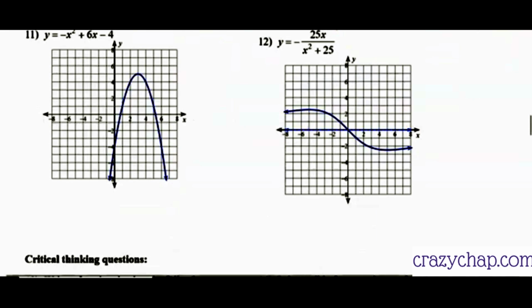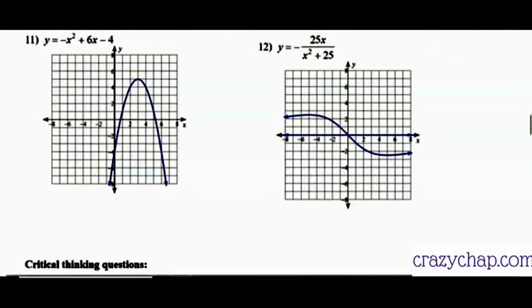Relative minimum. Okay, is there any absolute maximum or absolute minimum? Yes, there is one absolute maximum, which is this point again, 3 comma 5, because that is the most maximum, right?